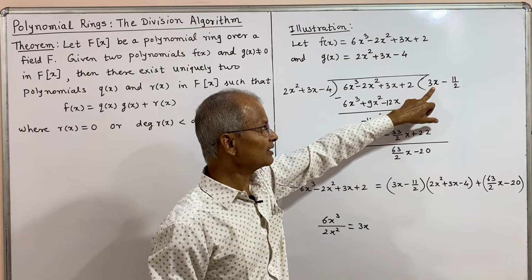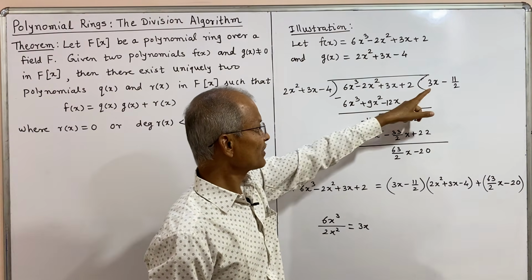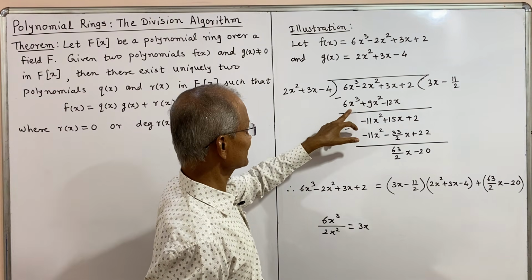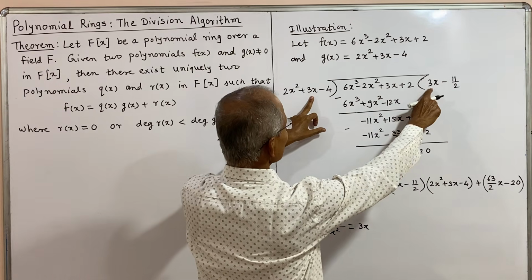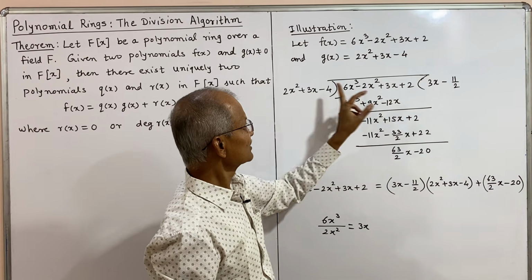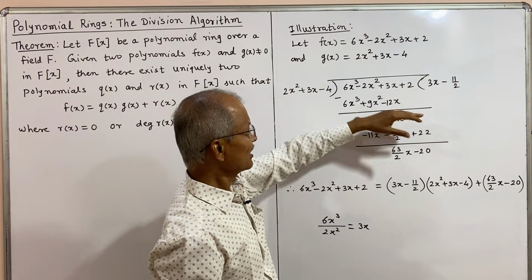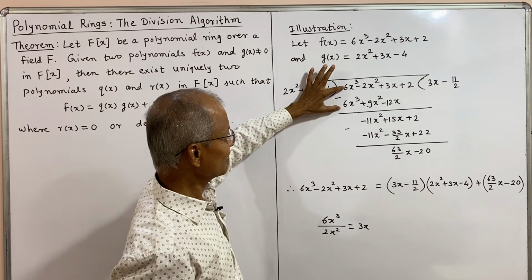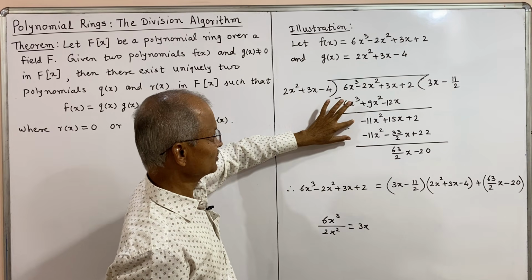Once this is written, we multiply: 3x into 2x^2 is 6x^3, plus 3x into 3x, that is 9x^2, and 3x into minus 4 is minus 12x. Now these are subtracted, and the 6x^3 terms are equal, so the subtraction is 0.